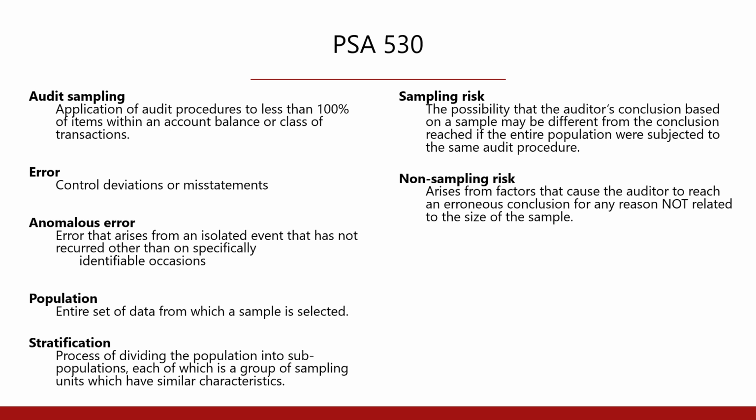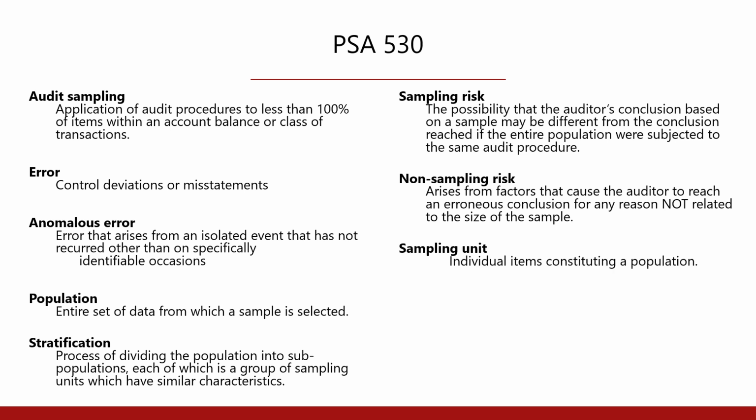But even if you perform 100% examination, there is still non-sampling risk because non-sampling risk arises from factors that cause the auditor to reach an erroneous conclusion for any reason not related to the size of the sample. So in this case, it's no longer the fault of the sample. Okay, so that's non-sampling risk.